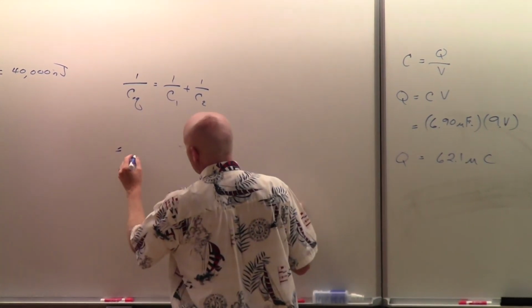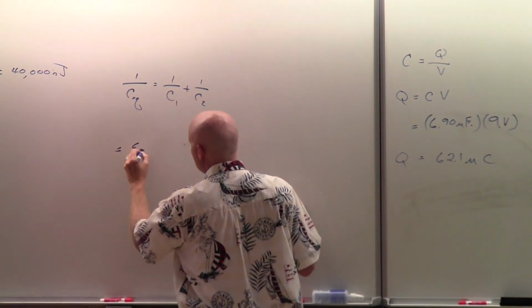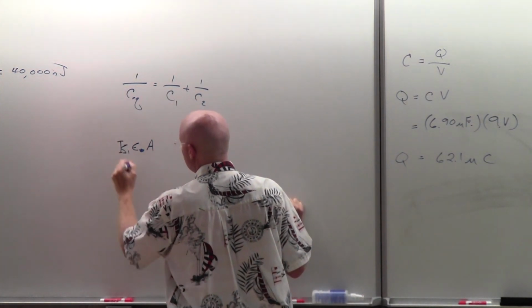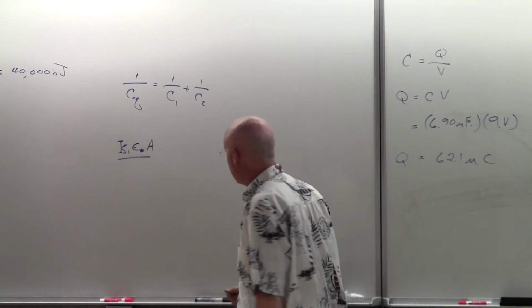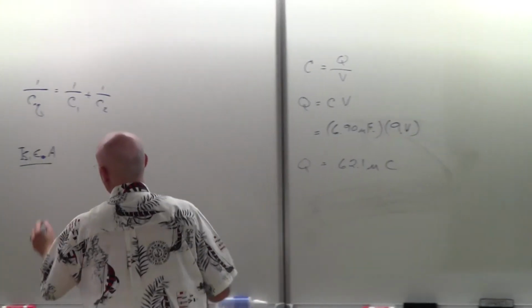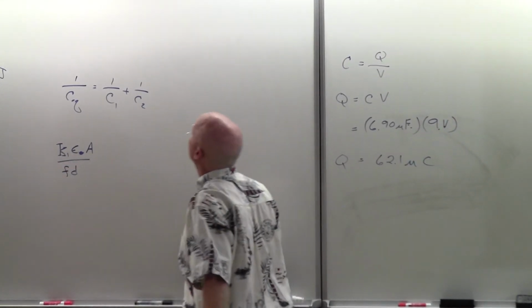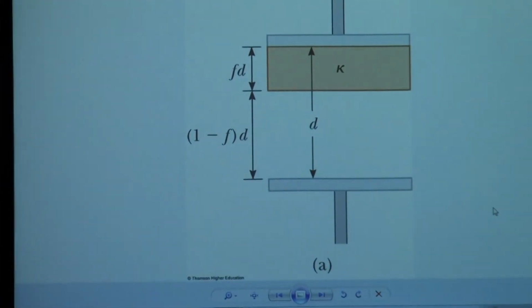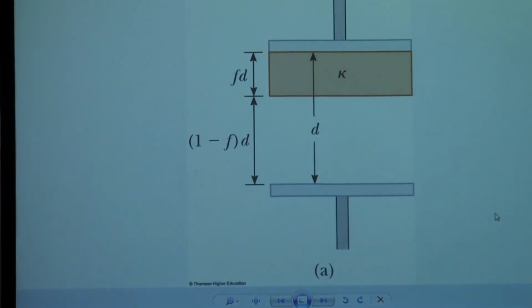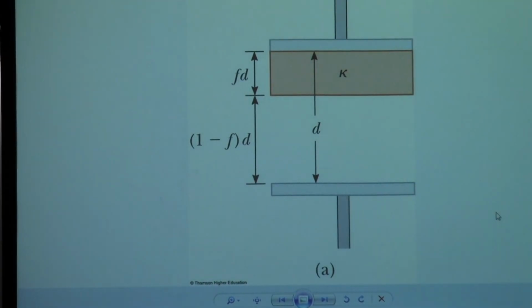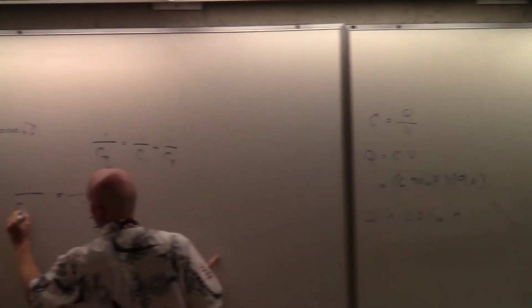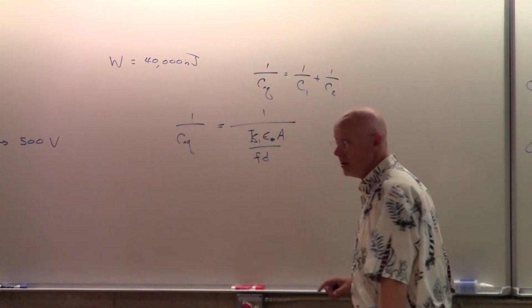Thinking of this as a parallel plate, I would have mu naught times the area times the material, which is in this case kappa 1, and a thickness that your author writes, and I better go quick, as a fraction of d. So in other words, you had a capacitor that just had a thickness of D, and then you partially filled it. So this fraction may be like a third of the D. That would be the capacitance for number 1.